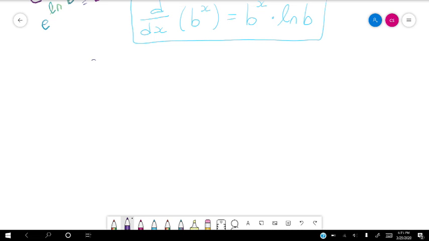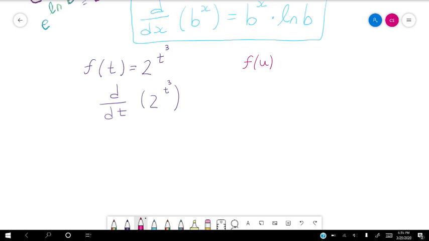Let's say we have a function equal to 2 to the t cubed, and we want to take the derivative of that function. Let's write everything again in terms of u, because it's nice to be able to go back and forth.